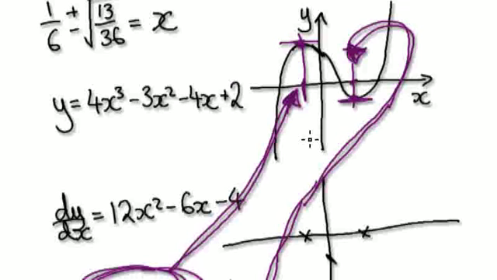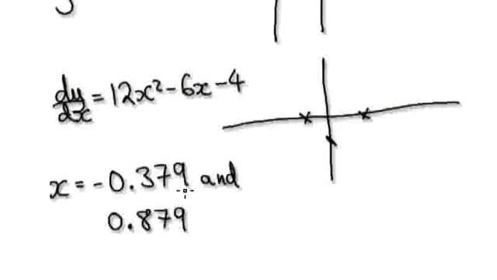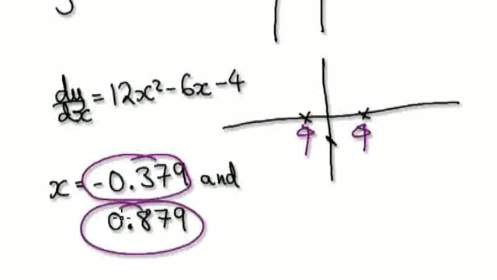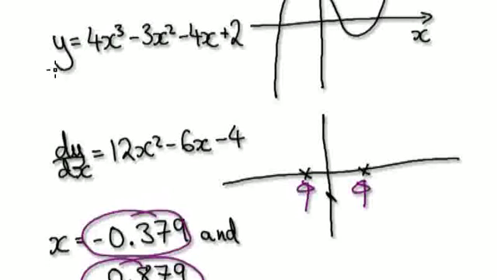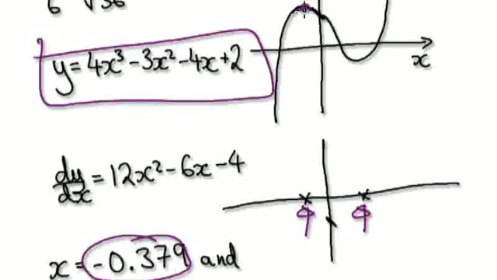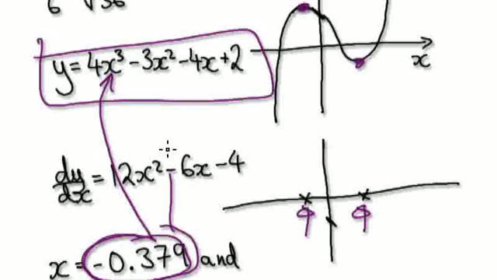My point is that once you know this point and this point here, you can then use these two values and put them into the original equation here, which is this one here, to find out this point here and this point here. So put minus 0.379 into the original equation, and that will give you the y value at this point.